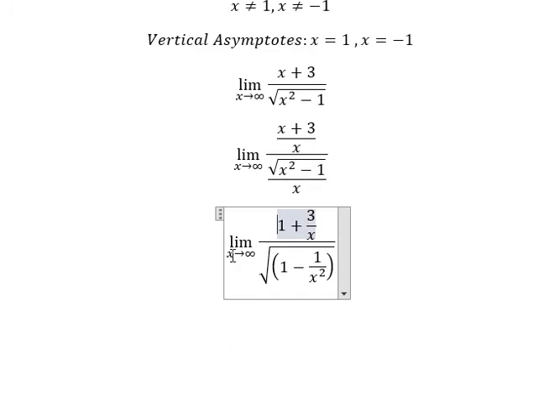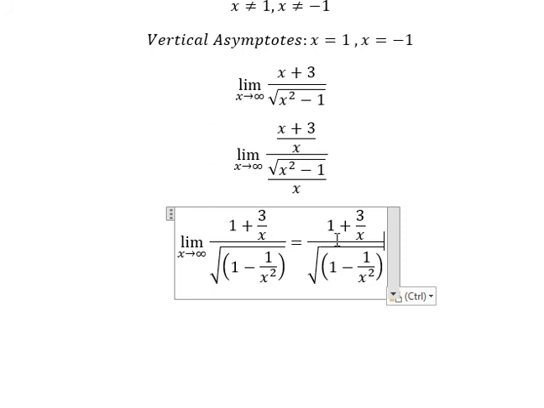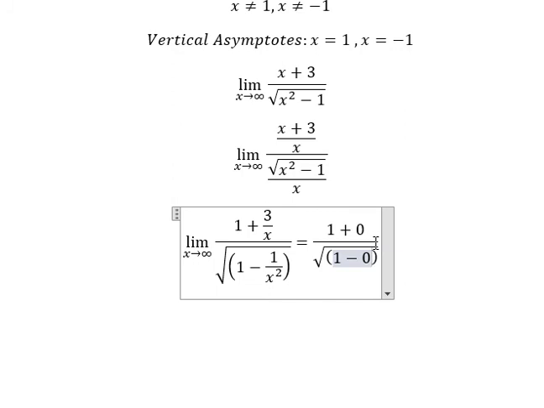So when x approaches positive infinity, this one goes to 0, and this one goes to 0. That means we will have 1 plus 0 over the square root of 1 minus 0, and this gives 1.